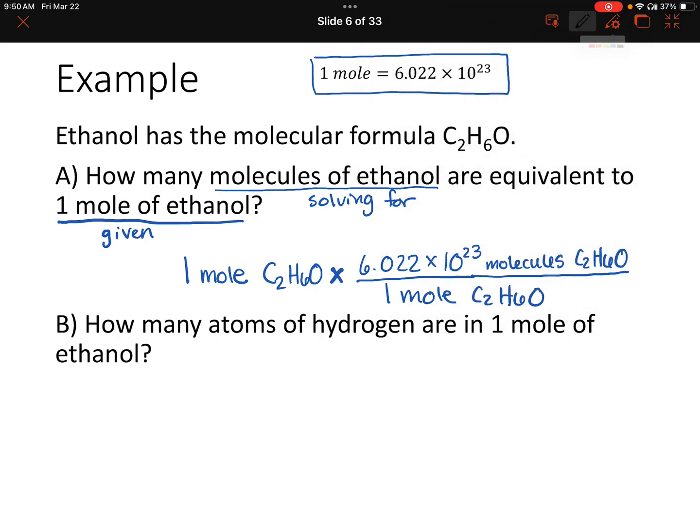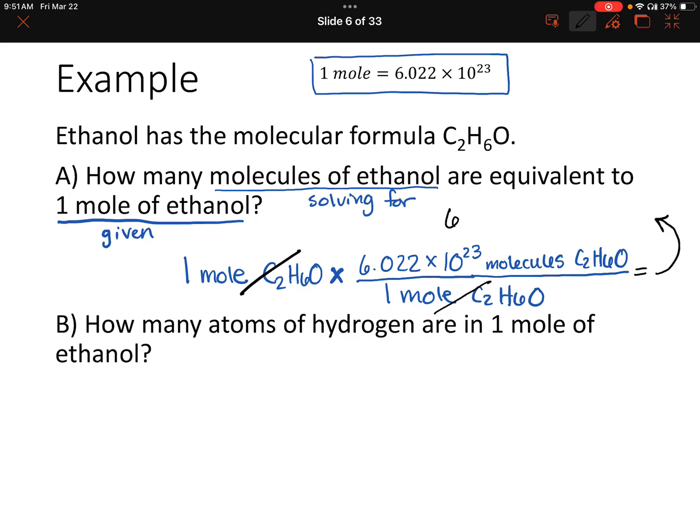So this should be pretty easy. We're just canceling 1 mole of ethanol in the numerator and the denominator, and this should equal Avogadro's number of molecules. I ran out of room, so I'll put this up above. I should have given myself some more space.